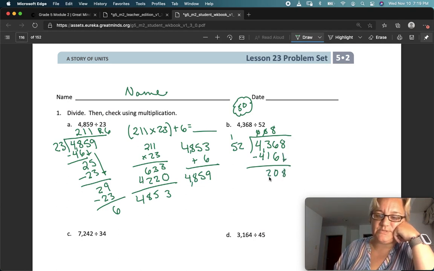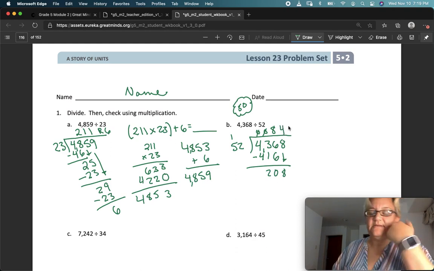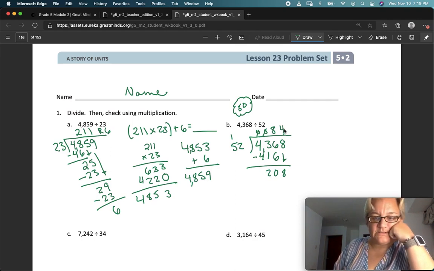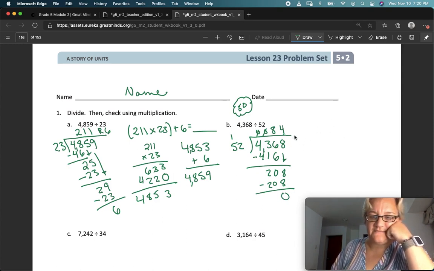And 52 will go into 208, 1, 2, 3, 4 times. 50, 100, 150, 200, right? So 4 times 2 is 8, and 4 times 5 is 20. Look at that, 0 remainder. All right, let's check our work. If this is correct, then 84 times 52 should equal 4,368.